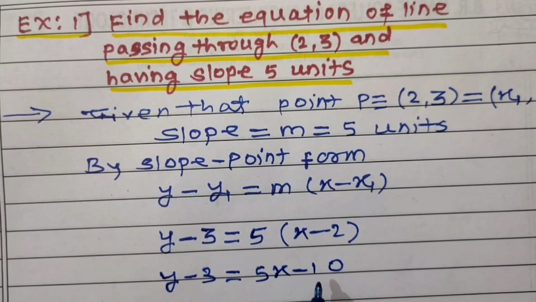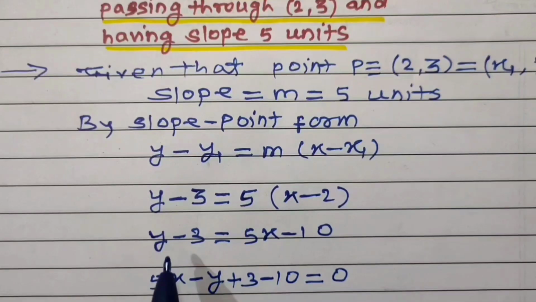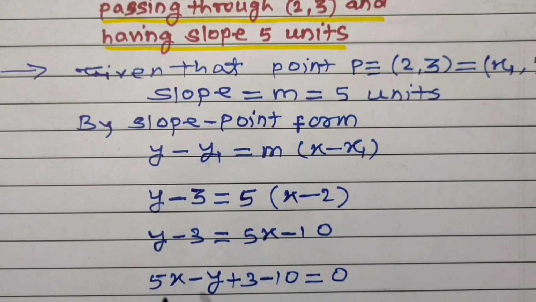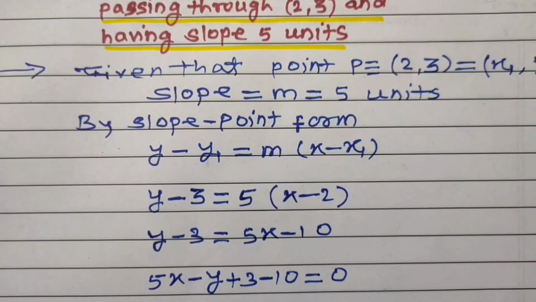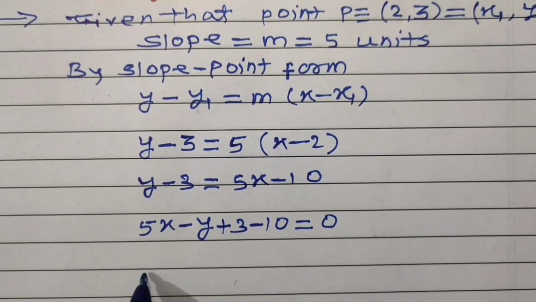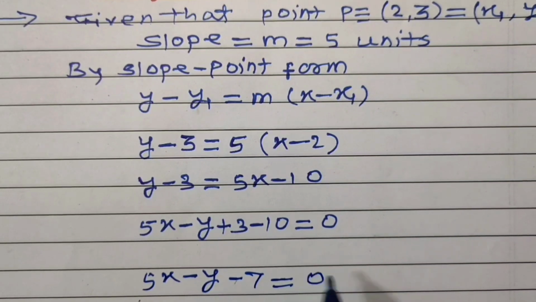Now take all terms on one side. Take y on this side and minus 3 on this side. That becomes 5x minus y, minus 3 becomes plus 3, and this minus 10 as it is, equal to 0. Now simplify this. This gives 5x minus y plus 3 minus 10, that is minus 7, is equal to 0.